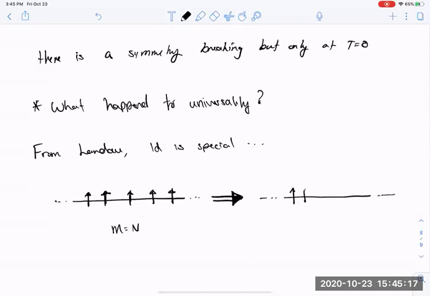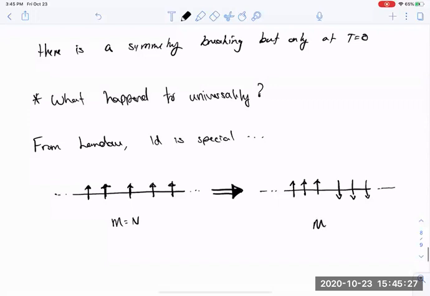That lowest energy excitation would introduce one defect, which separates domains of spin up from spin down. If there were equal amounts, that would mean that the magnetization now is zero.